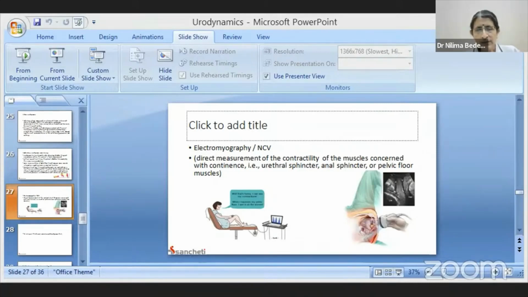With aging and menopausal age, it could go to 40 to 45 centimeters of H2O. So during the storage phase, this is the bladder pressure and this is the urethral closure pressure. The female urethra length is around 4 centimeters, with about 6 millimeters of diameter, which can vary slightly.